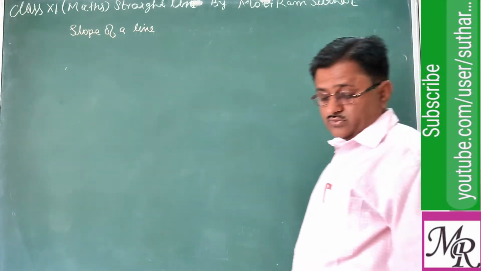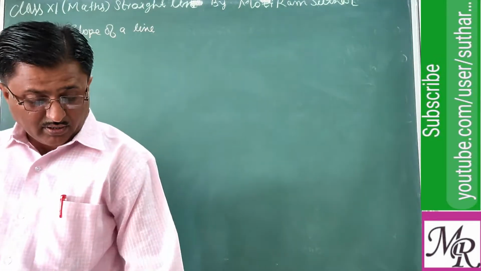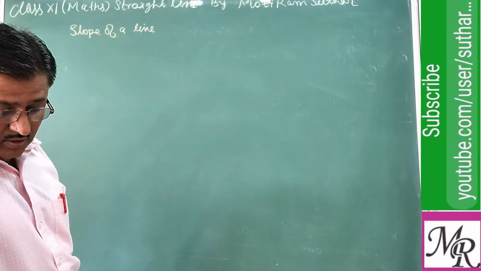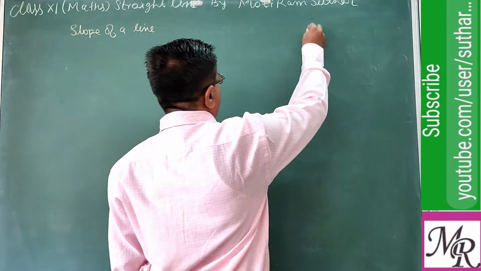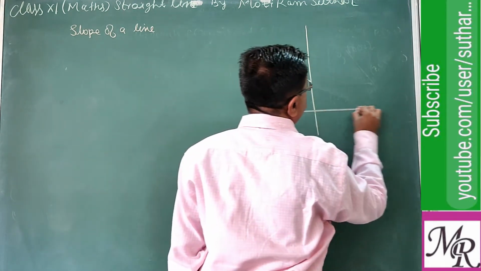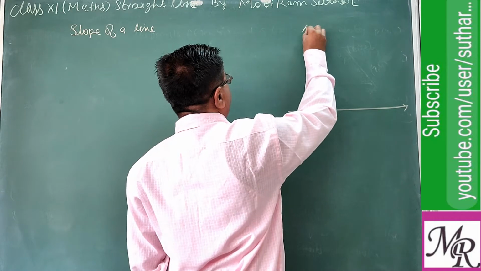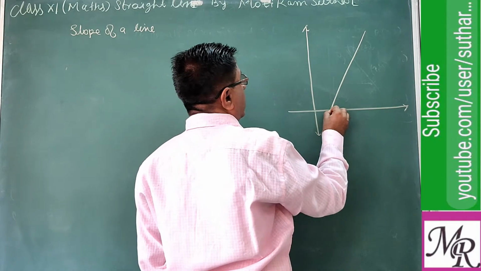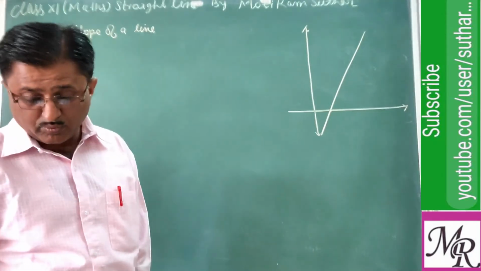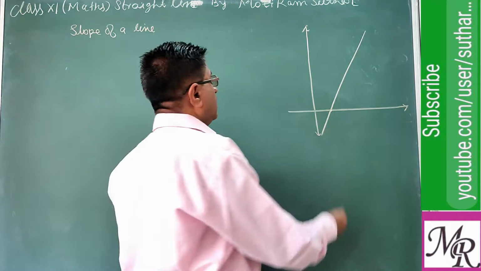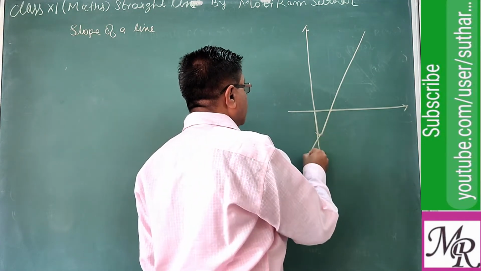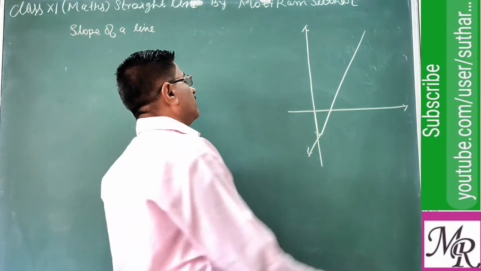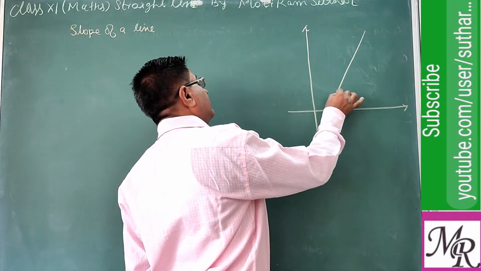So we discuss what we mean by the slope of a line. A line in the coordinate plane forms two angles. Suppose in this coordinate system we are given a line which intersects the x-axis at some point, like this. This line makes two angles with the x-axis in the anti-clockwise direction.